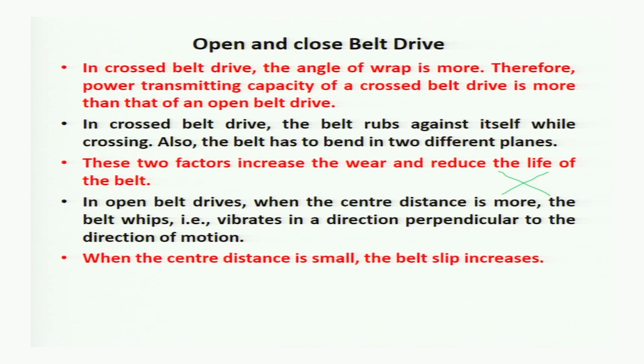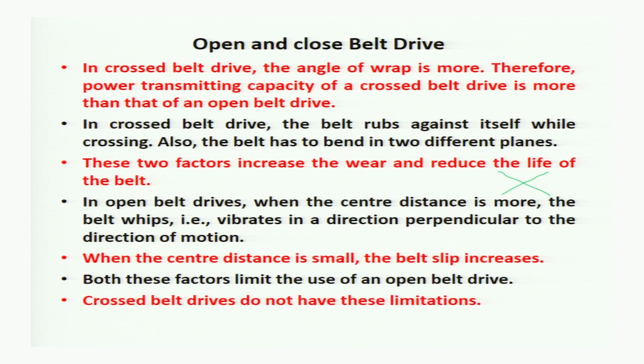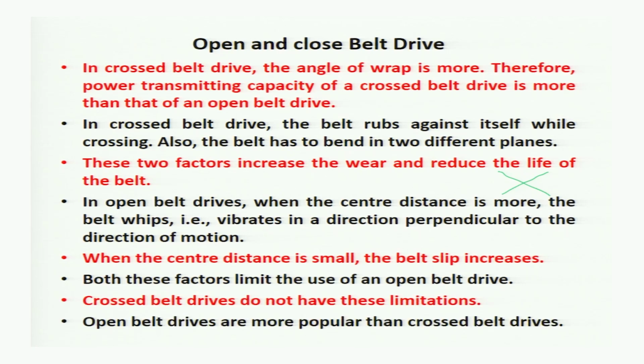When the center distance is small, the belt slip increases. Both these factors limit the use of an open belt drive. Then also the cross belt drive does not have these limitations. The open belt drive, irrespective of some disadvantages, is more popular than the cross belt drive.